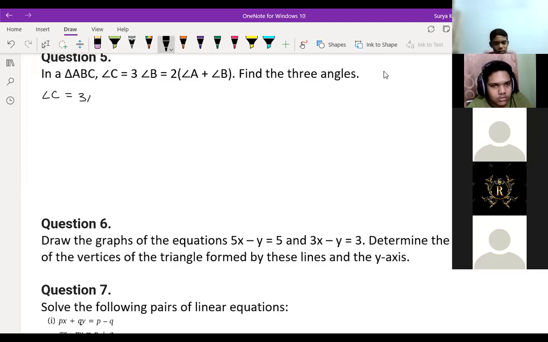Angle C is equal to 3 angle B is equal to 2 angle A plus angle B is equal to K. So angle C is equal to K, we write. Angle B is equal to K by 3. Angle A plus angle B we can write as K by 2. Correct, children? Is it clear to all of you?